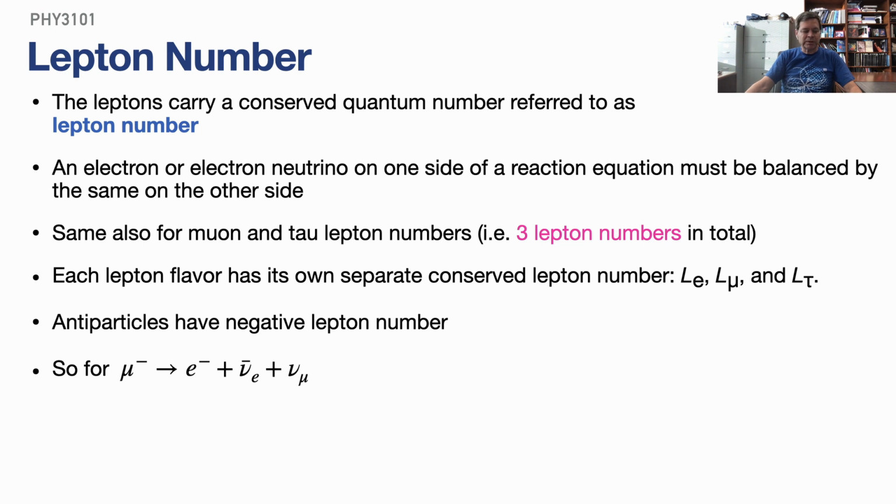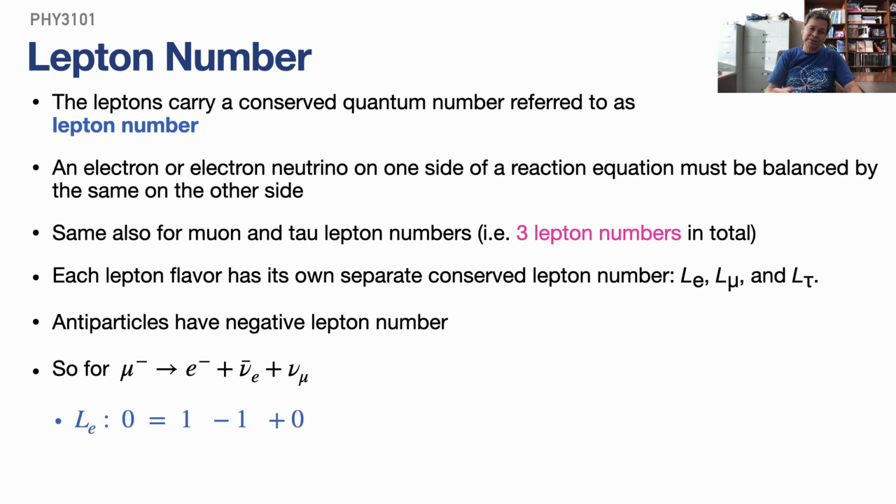So let's see what's going on in the decay of a muon into an electron and two neutrinos, one of which is an antineutrino and a muon neutrino. Let's analyze this in terms of lepton number and see if it's conserved. First, we start with the electron lepton number. The muon is not an electron, so its electron number on the left side of the equation is 0.